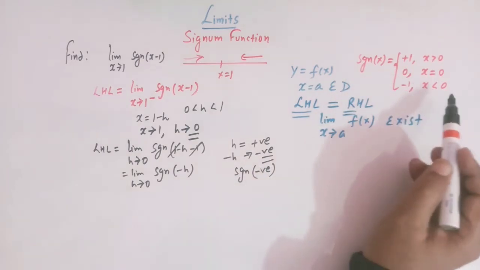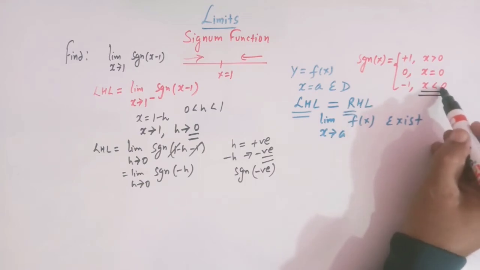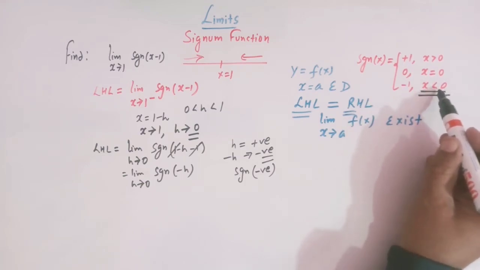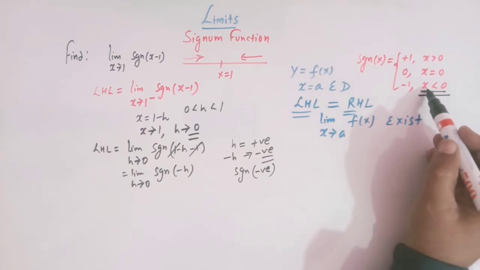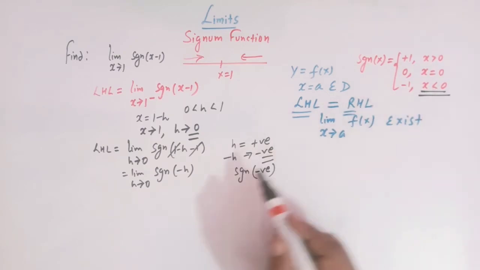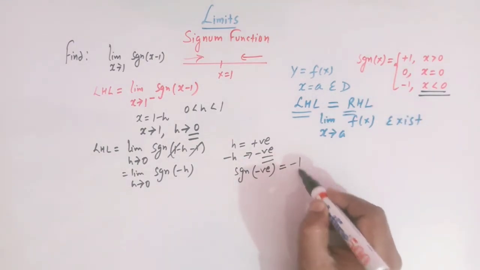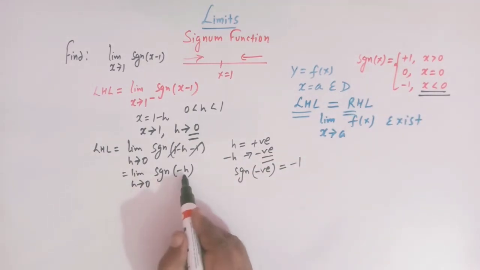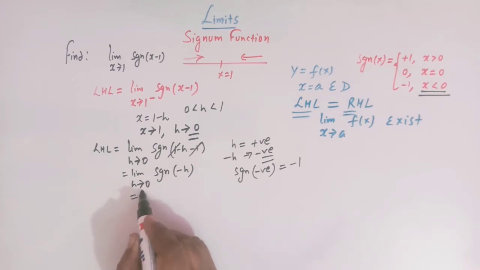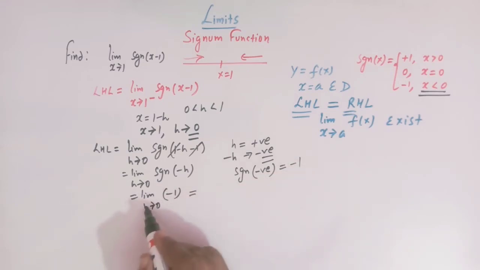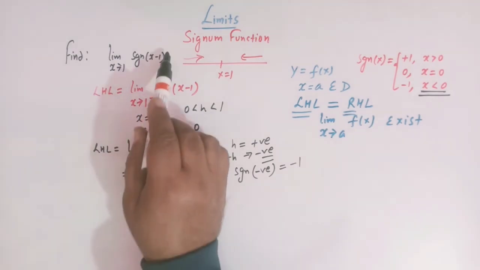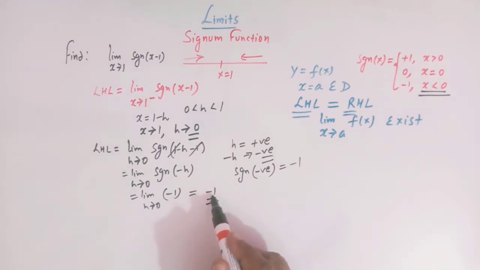So whenever x is less than 0, x less than 0 implies that we are dealing with the negative numbers, right? So signum of negative always gives us the value -1. So signum of minus h gives us the value -1, and now this is equal to -1. So the left hand limit of this function is -1, right?